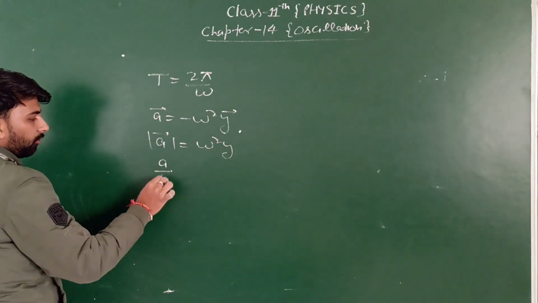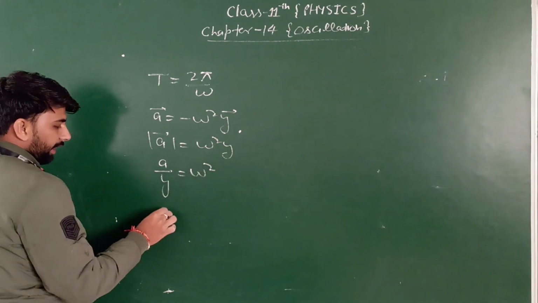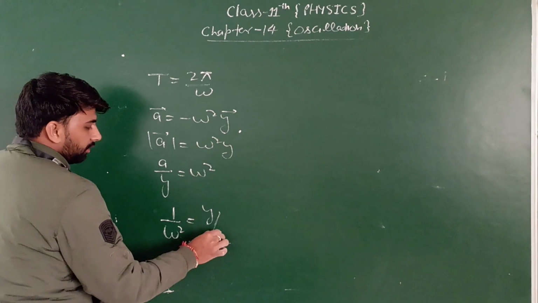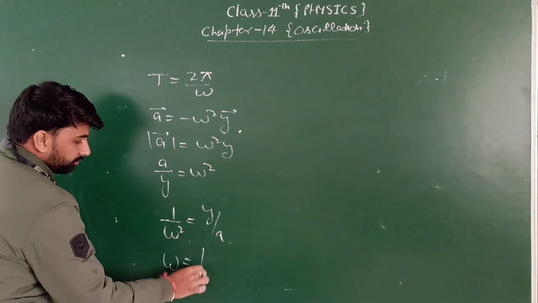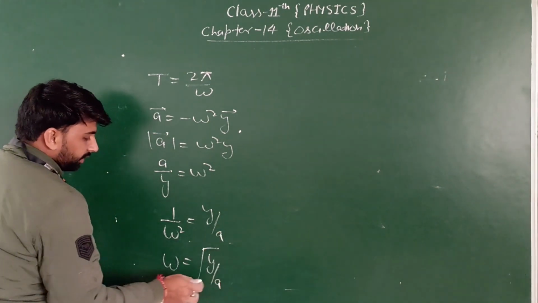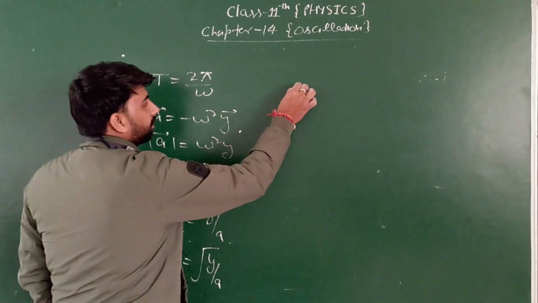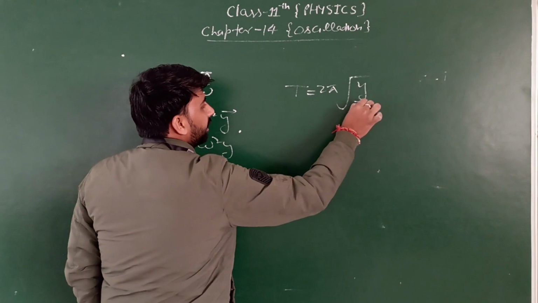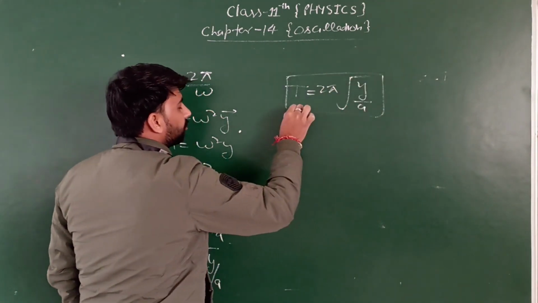So A upon y is equal to omega square, and 1 upon omega square is equal to y by a, and omega is equal to square root of a by y. Putting this value of omega in this equation, we get T equal to 2 pi square root of y by a. This is the time period in simple harmonic motion.